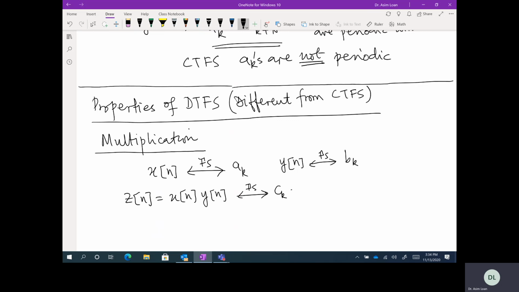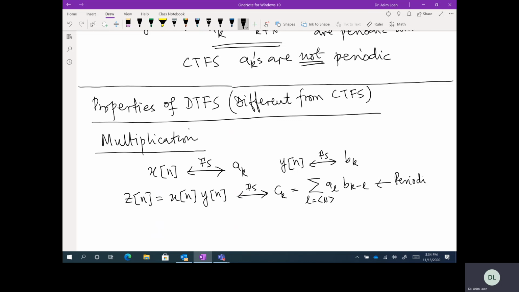And what is c_k? c_k is simply the sum of a_l times b_{k-l}, like tau times t minus tau. This should be l, over N.